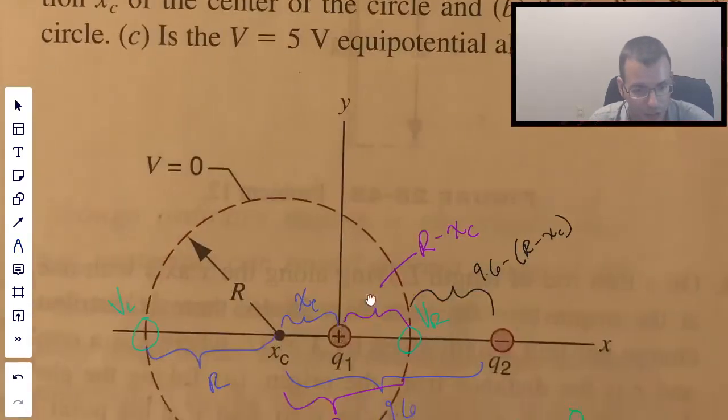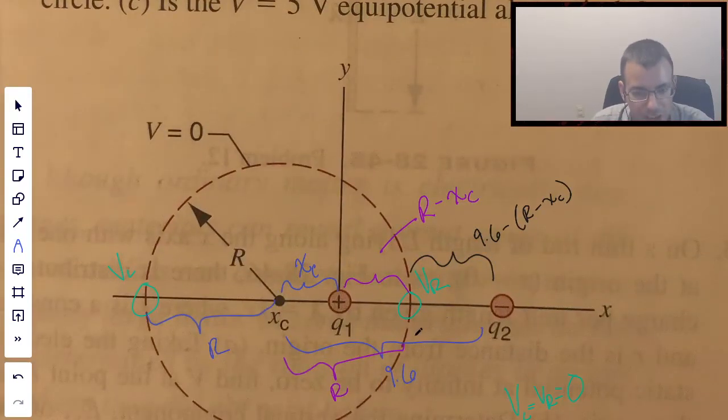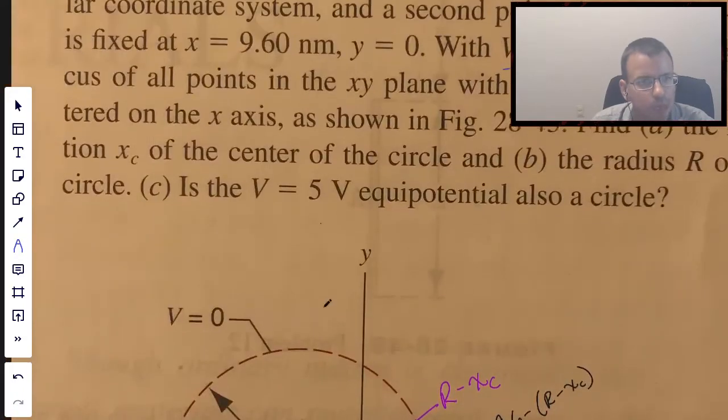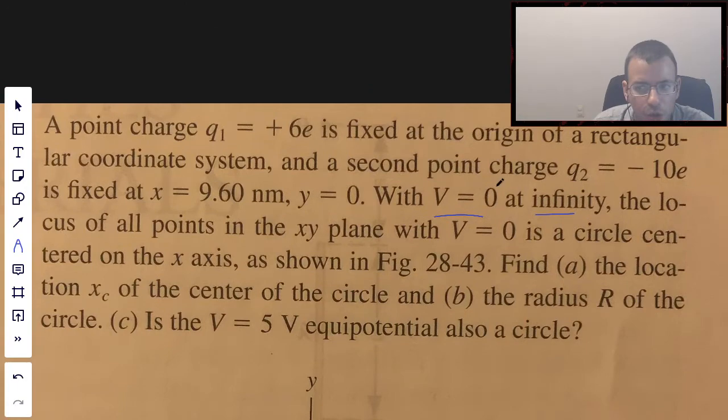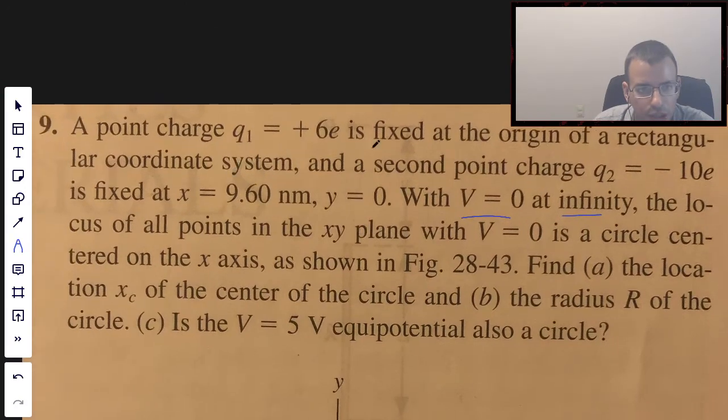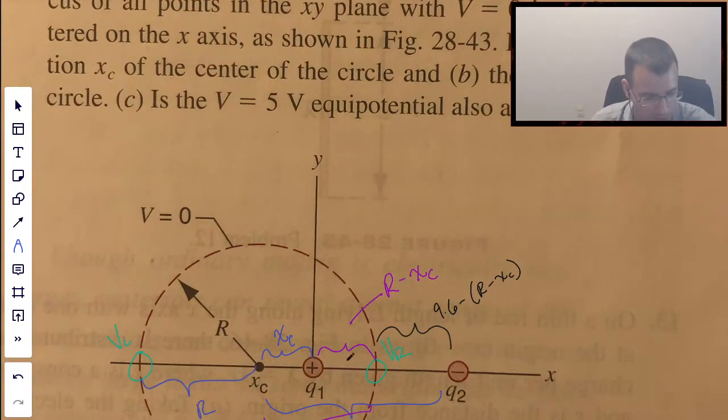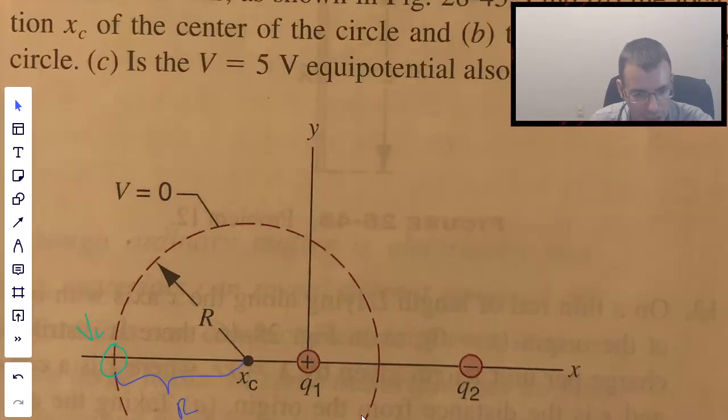No, I think I was wrong here. So let me check. Q2, point charge fixed at x equals 9.6. Okay, so some of this is going to be wrong, I think.